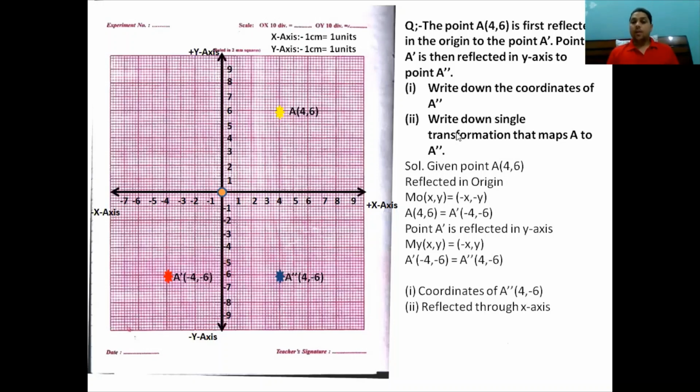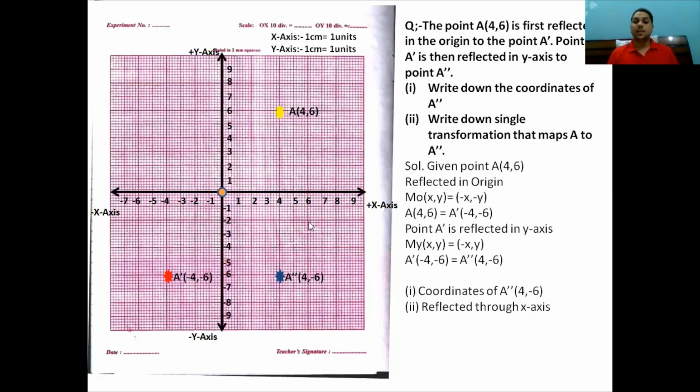Then we have to write down the single transformation that maps A to A''. Now we have to write down the mapping relationship between these two points. If you look here, for point A the abscissa is 4, which is the same, but the ordinate sign is changing.